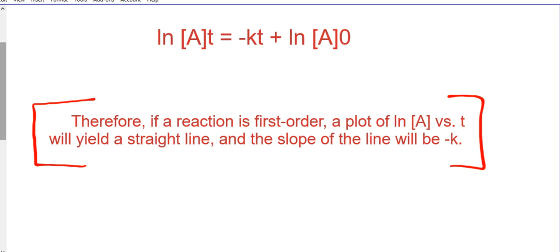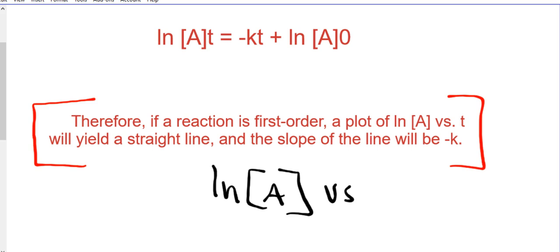Now, what's nice about this is I can find the ln of A in my calculator, and I can plot it versus time, and if it's a straight line, then I know it's a first order reaction. And if I know it's a first order reaction, I find the slope of that line using linear regression fit in my calculator, and that will tell me my slope.